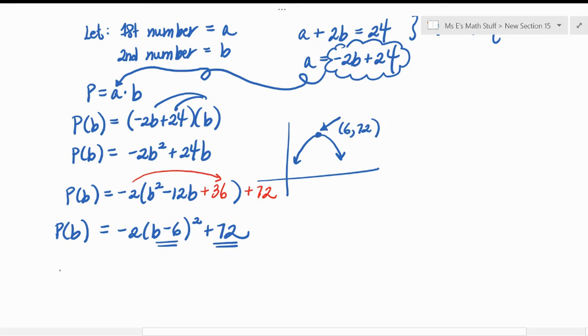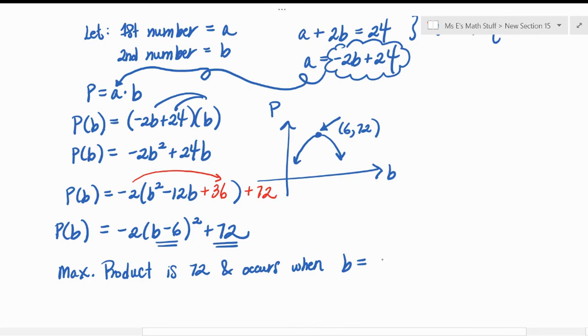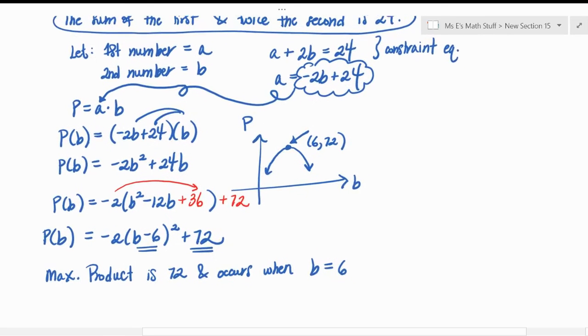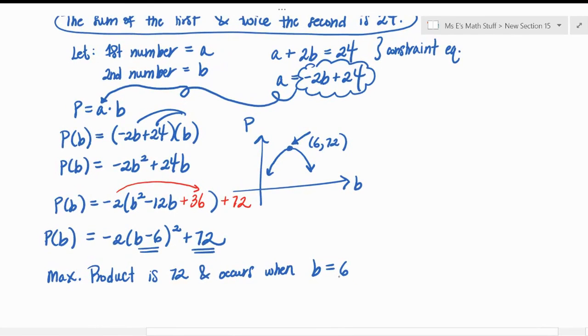That means the maximum product is 72, because this was the value of my second number, and this is what I'd get out for the product. So the maximum product is 72 and occurs when your B value is 6. How could I get my A value? You could divide the 72 by 6.